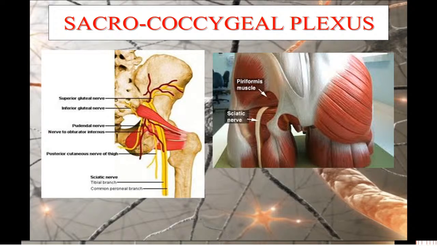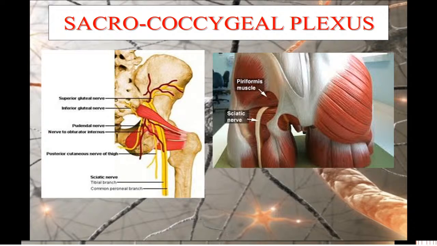Deep peroneal nerve supplies the anterior muscles of the leg. And finally, superficial peroneal nerve passes along the lateral border of the foot and supplies the skin at the dorsum of the foot along its lateral border. And deep peroneal nerve continues to the dorsum of the foot.